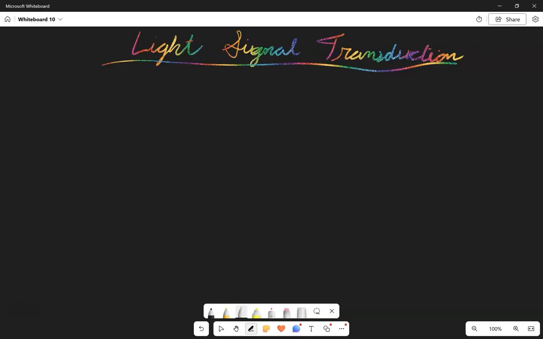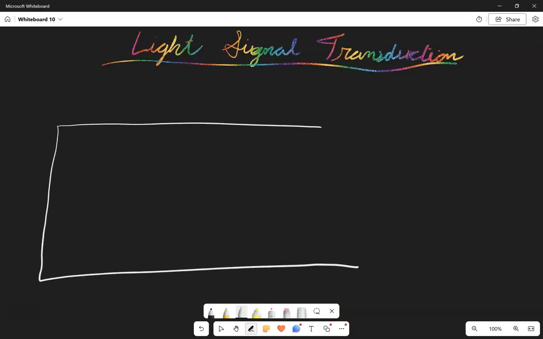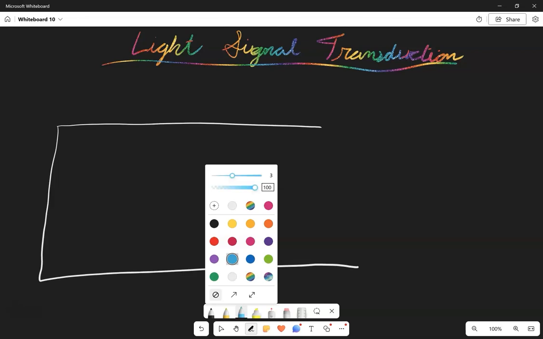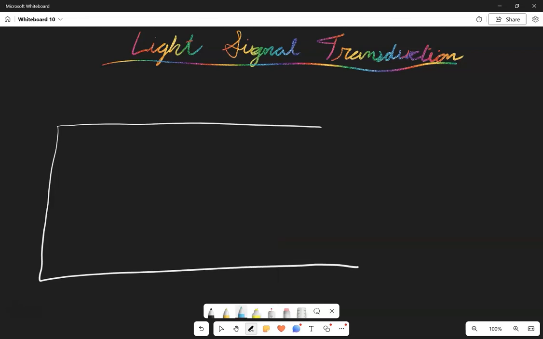So let's take a look at one of those. We're going to take a rod as our example, because knowing the overall general form of the rod is very easy to convert over into the cones. Okay, so there is a rod, and inside of the rod there are going to be a couple of different things. The first thing that I'm going to put on here is a sodium potassium ATPase.